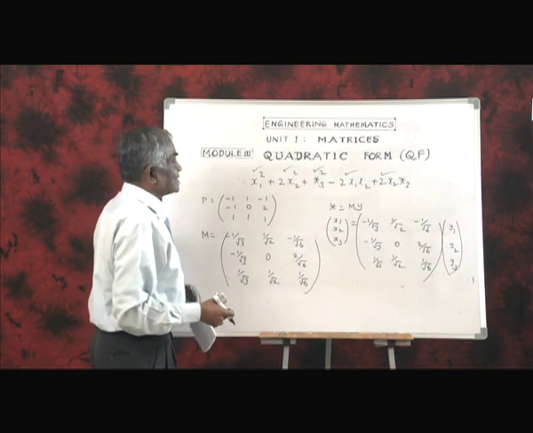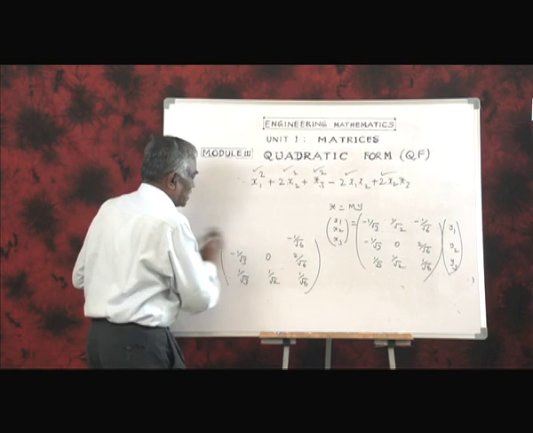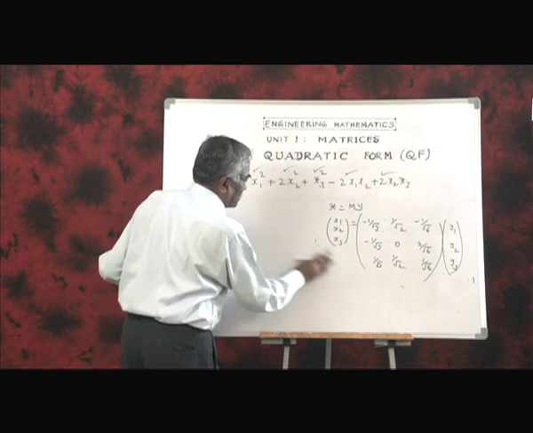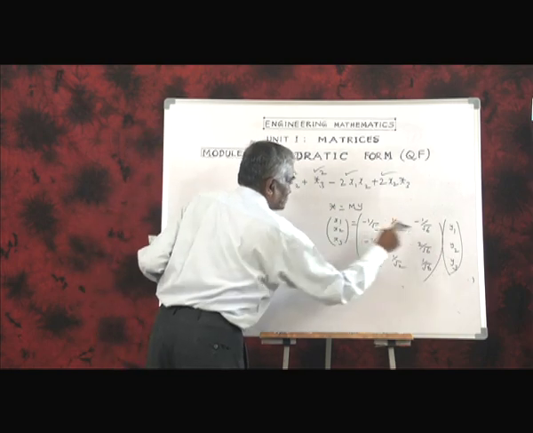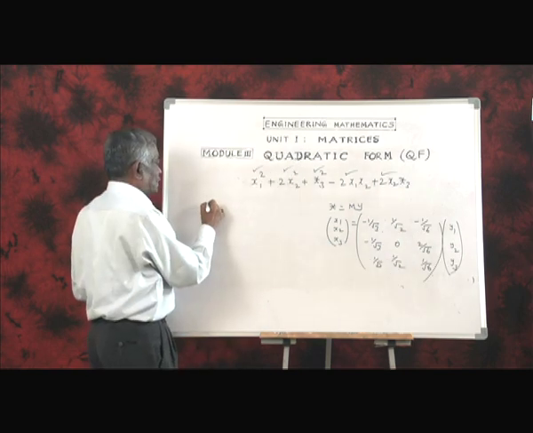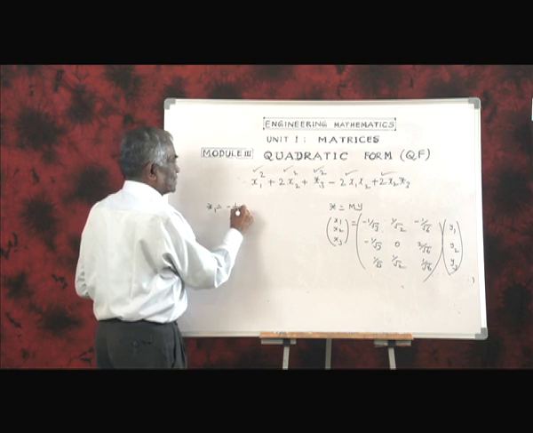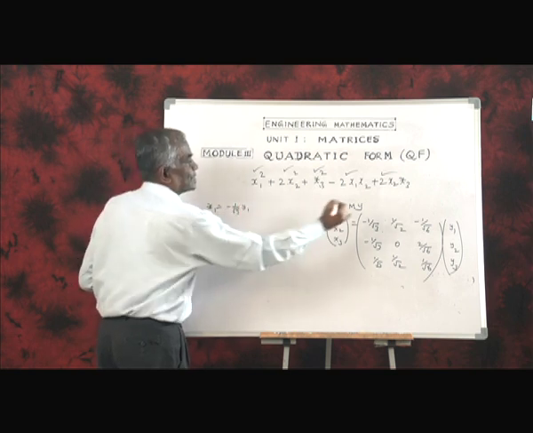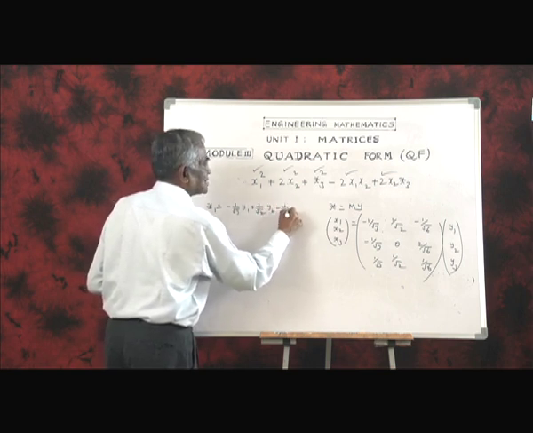If we want to write the transformation in the expanded form, what we have to do? Simply do one matrix multiplication. That means x1 is equal to this product, x2 is equal to this product, x3 is equal to this. So I will write it in the expanded form. x1 is minus 1 by root 3 y1 plus 1 by root 2 y2 minus 1 by root 6 y3.